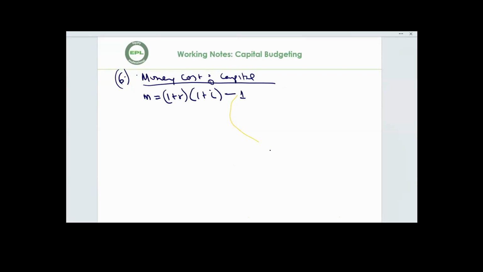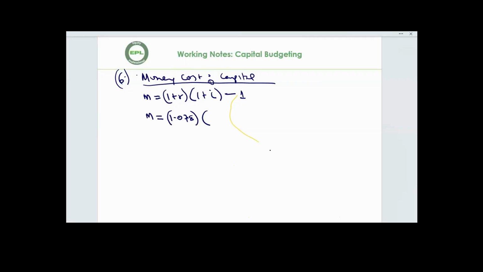This is the formula I gave you last week. The real cost of capital is 7.8%, so that gives 1.078, multiplied by 1 plus the general inflation rate.